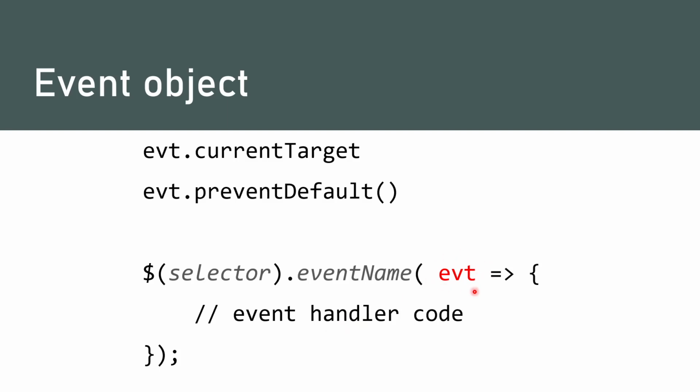As long as you have the event, you can, inside of your event handler, just put event.currentTarget to get the element that that event is happening on. So, for example, if this was a click event, then we could use event.currentTarget to get the exact element that was clicked on that triggered this event handler.